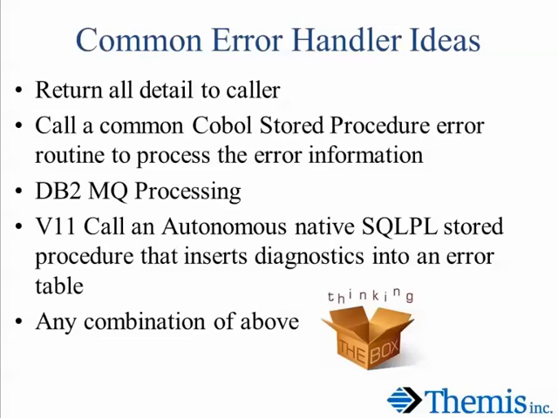For those common error handlers, you've got to decide how much detail you are going to return to the caller. And it depends on the caller. If this is really a front-end process, you don't want to send too much unnecessary detail. They usually want to know minimal, just the things they can respond to.